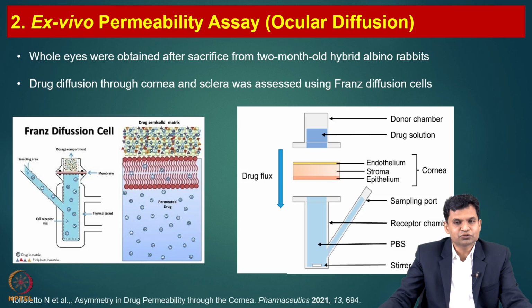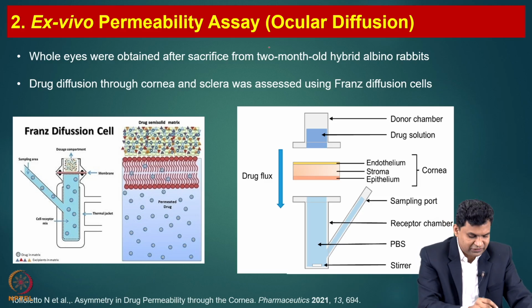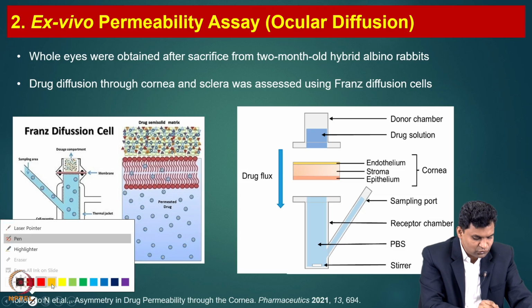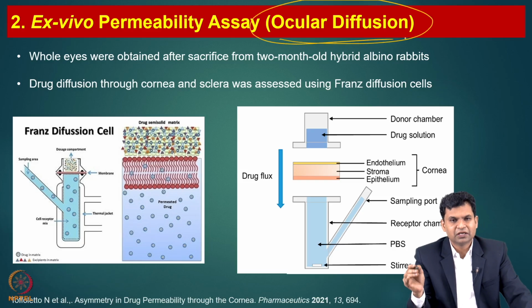So, in the in vitro studies we can perform the stability studies, and here we have one example of an ex vivo permeability assay. Here we try to understand the diffusion of our formulation, that is called ocular diffusion, as everyone knows.